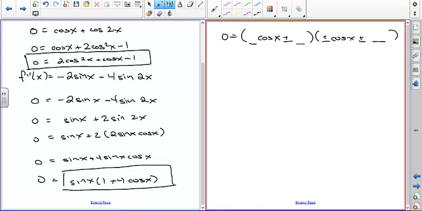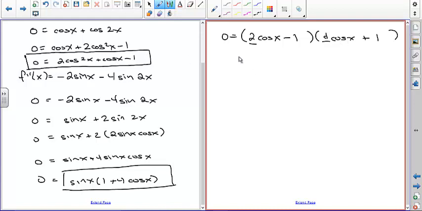Okay, so here you have 2 cosine, 1 cosine. We need a positive cosine, so I need to put a positive 1 here and a negative 1 there, because you get 2 cosine times 1, which is 2 cosine x, minus 1 cosine x leaves positive 1 cosine x.